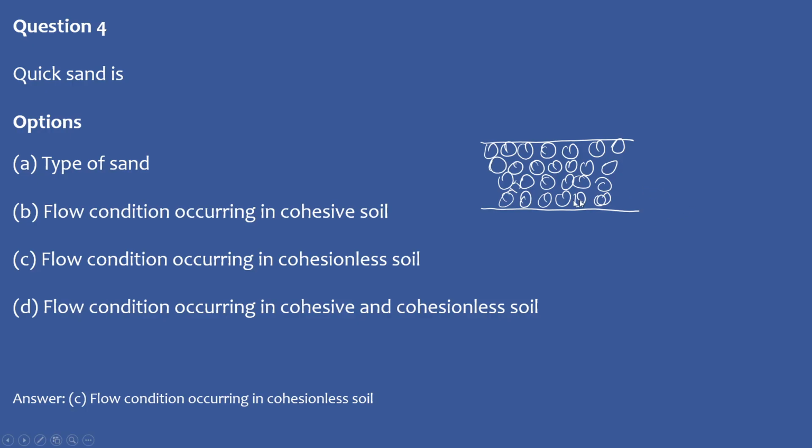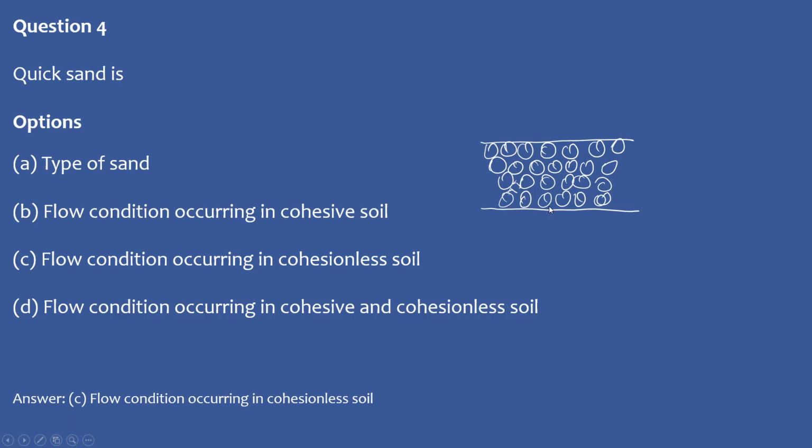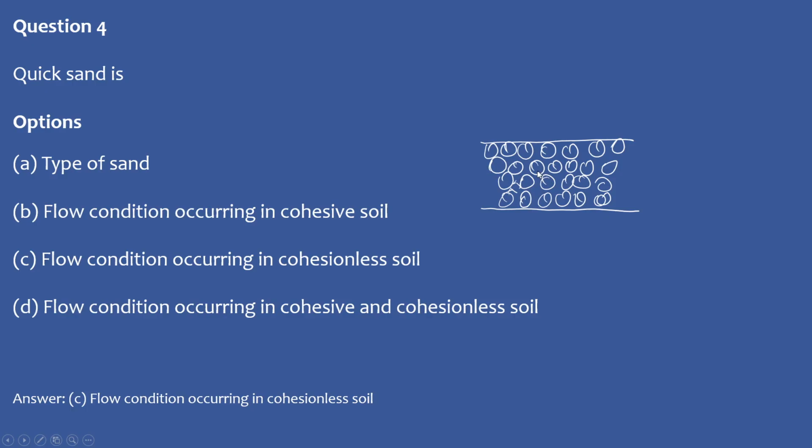Let's say this particular matrix is subjected to a vibrational load. In that case, with the excess pore water pressure, your particles don't have that much contact with each other, and they are not able to resist the load coming from the above part due to the loss in interparticle friction.